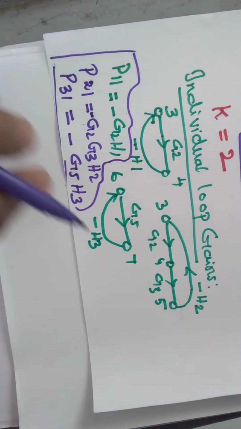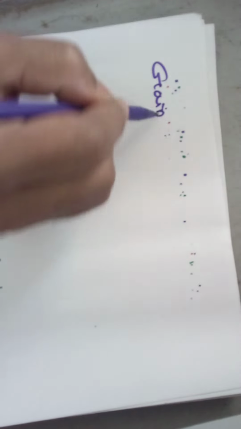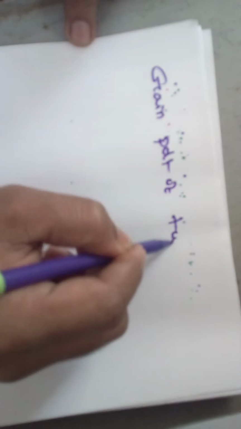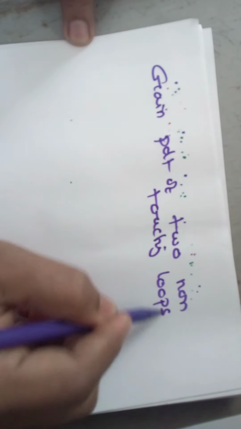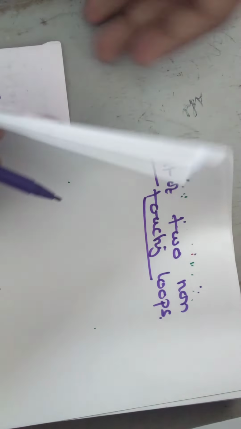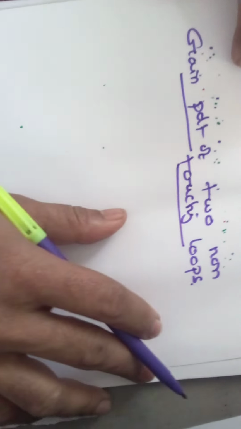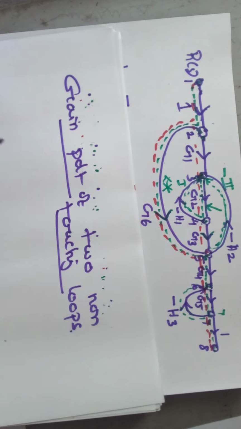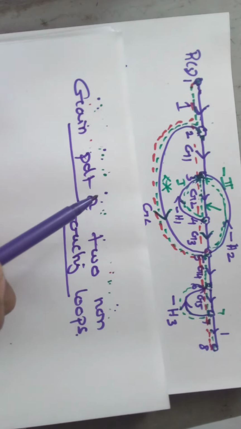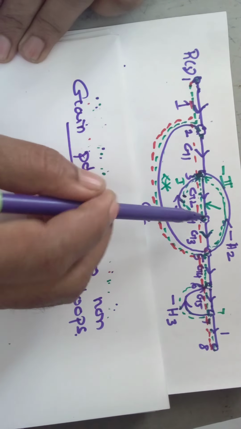Next, you need to find the gain product of the two non-touching loops, the two loops which are not touching each other. In the original problem, you see here, this is loop number 1 and here is loop number 2.